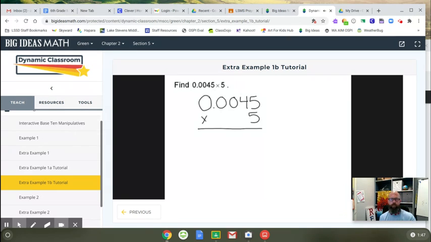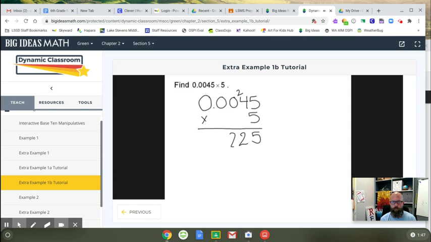First, let's start with multiplying 5 times 5. 5 times 5 is 25. Place your 5 in the product and carry the 2. Then multiply 5 times 4, which is 20, and add 2, which is 22. So we have 225.